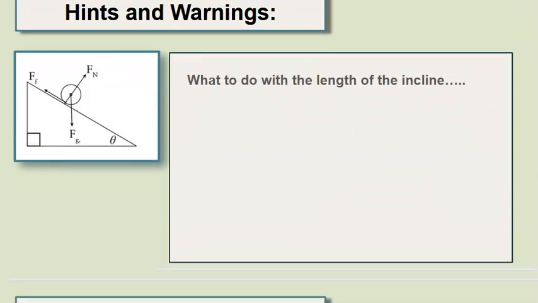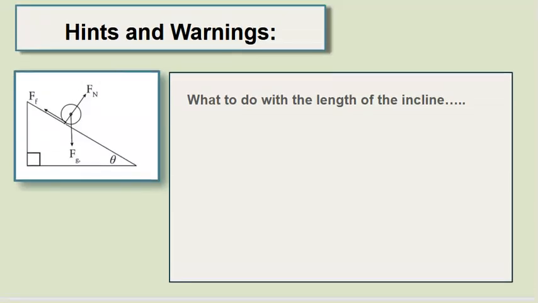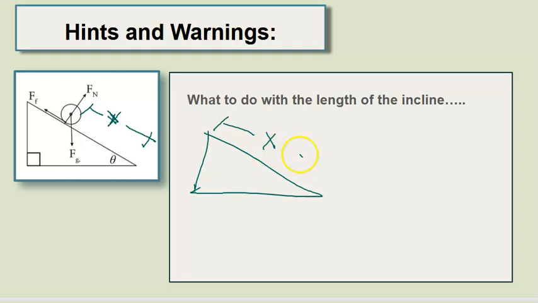Hint and warning number 2: on at least one of the AP problems, they gave you the length of the incline. It might be that after you do the challenging acceleration, you need that distance to use in kinematics. It could also be that if you're doing energy, x is to find the height, which is x sine theta, just like breaking down a force.